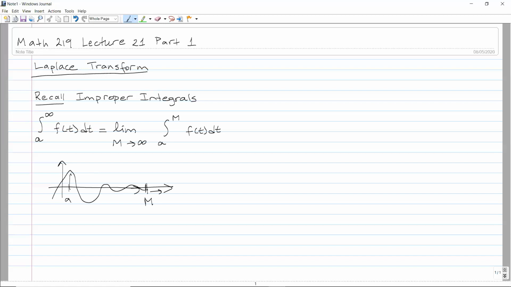The function doesn't have to be positive. Of course, for some functions this limit exists, and for some other functions it doesn't exist.